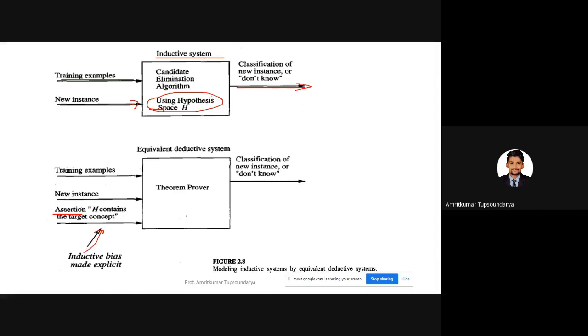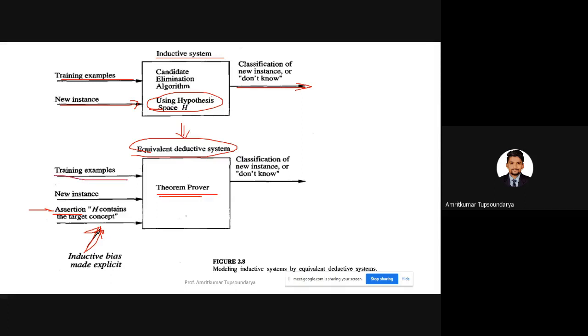But when we include an inductive bias, which makes use of the inductive inference by making use of a set of assertions, we have better accuracy. So this was the equivalent deductive system, which made use of the inductive bias explicitly. We called it a theorem prover.